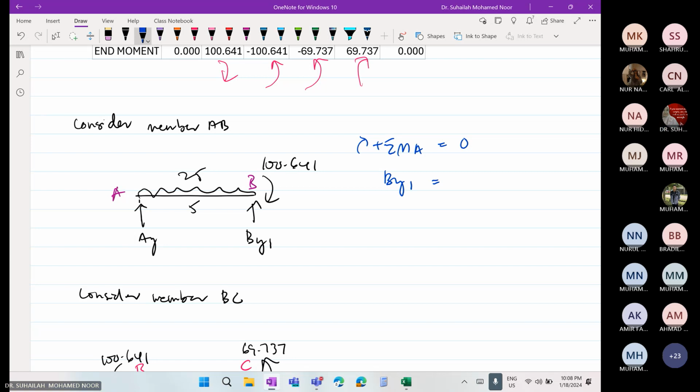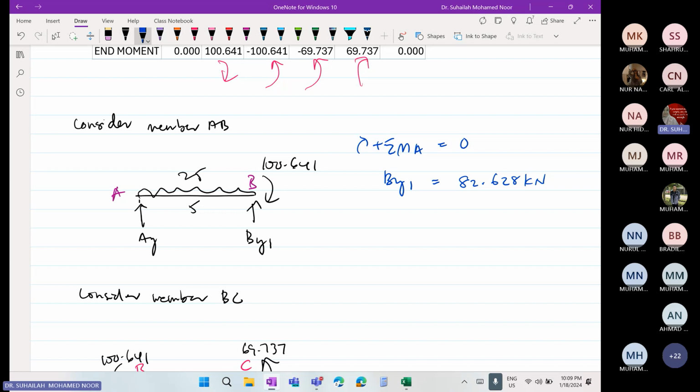What is the answer for BY1? Please calculate BY1. 82.628 kilonewton.